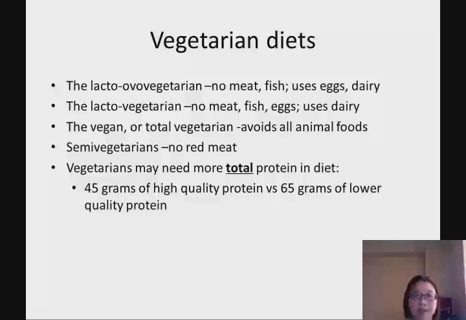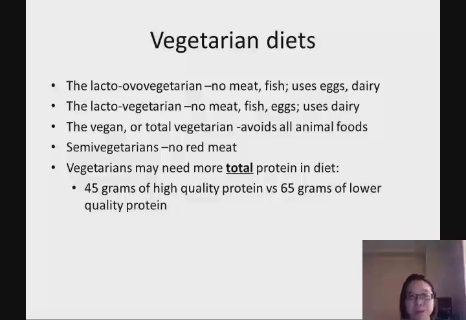Okay, and for those vegetarian diets, because they are not going to eat meat or fish, if they are vegans, they are going to consume less protein, because vegans get their protein mainly from whole grains, legumes, or nuts.